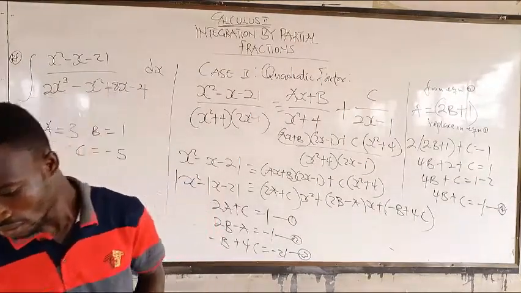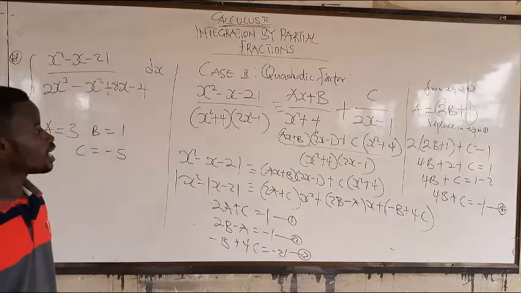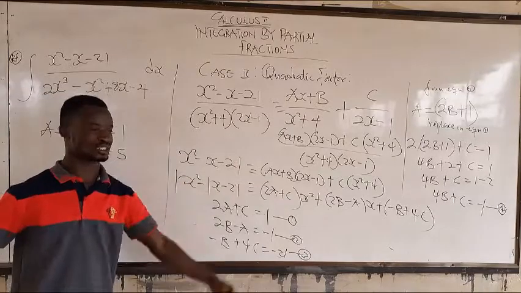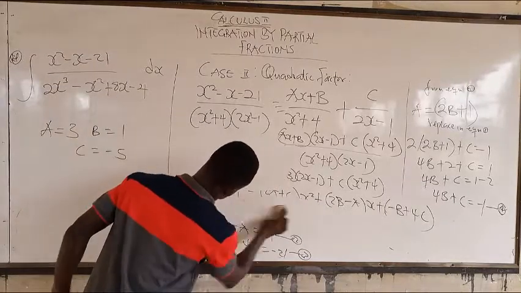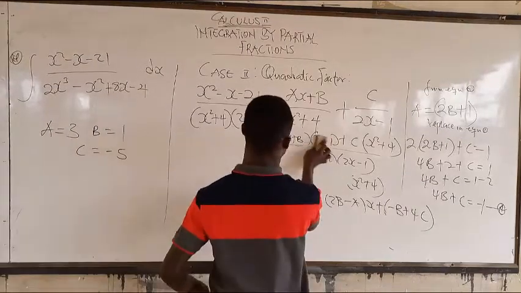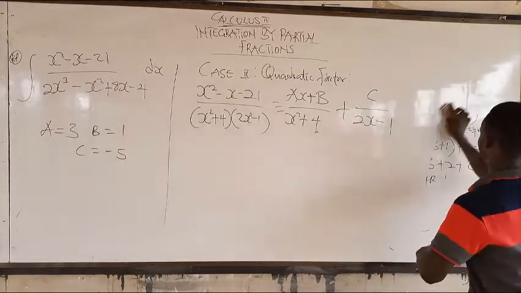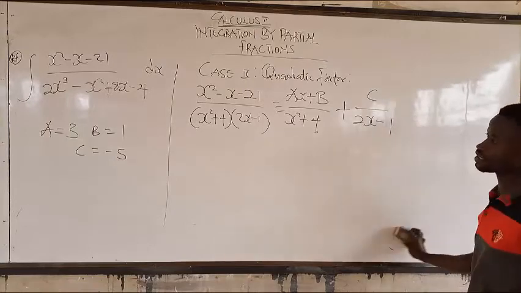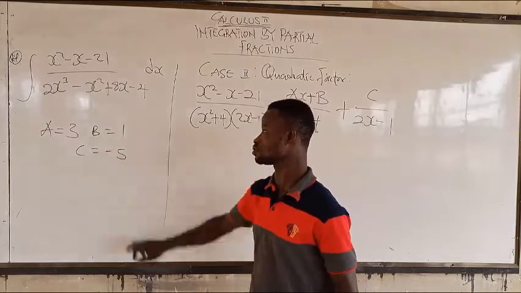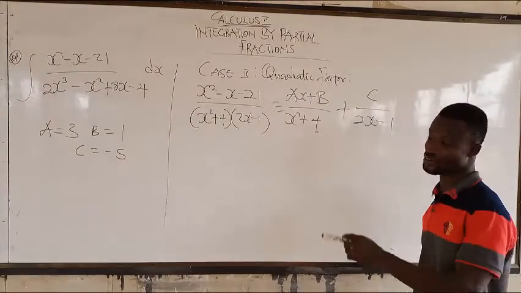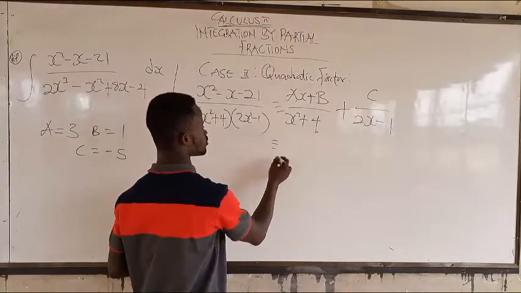Alright, so that is that. Then we go and do substitution. So I would like to do this part. Make sure you pause the video and write. Our reason for applying all that algebra is to get A, B, and C. So we are now going to do the substitution.